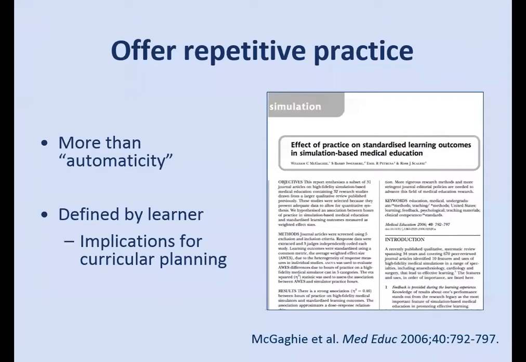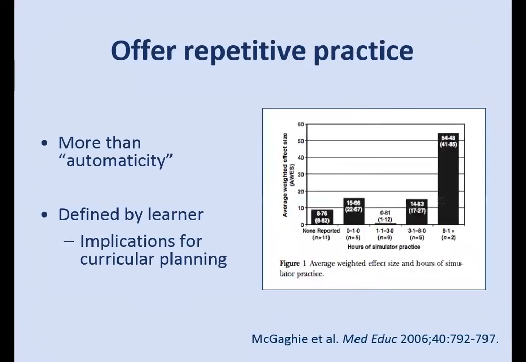There were 31 out of the 109 included articles that had enough detail in their data that we could see how long the training sessions were or how much practice was afforded to those learners. And as you can see here, the relationship was approximately a dose-response type of relationship.